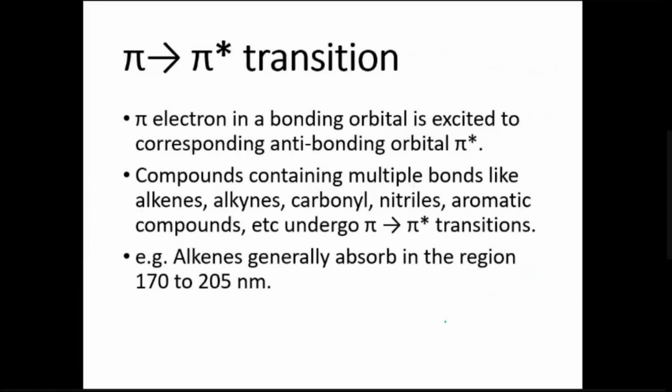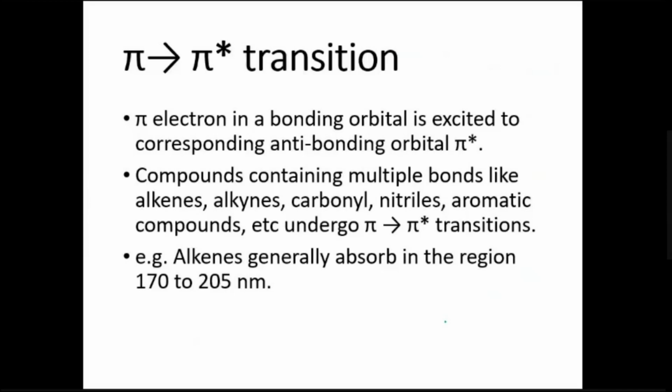Next type of orbitals are pi orbitals. The transition is pi to pi star. Obviously, these transitions will be observed in compounds where pi bonds are present. If you understand the overlap of sigma and pi orbitals, you will also understand that pi orbitals are comparatively less stable than sigma orbitals.